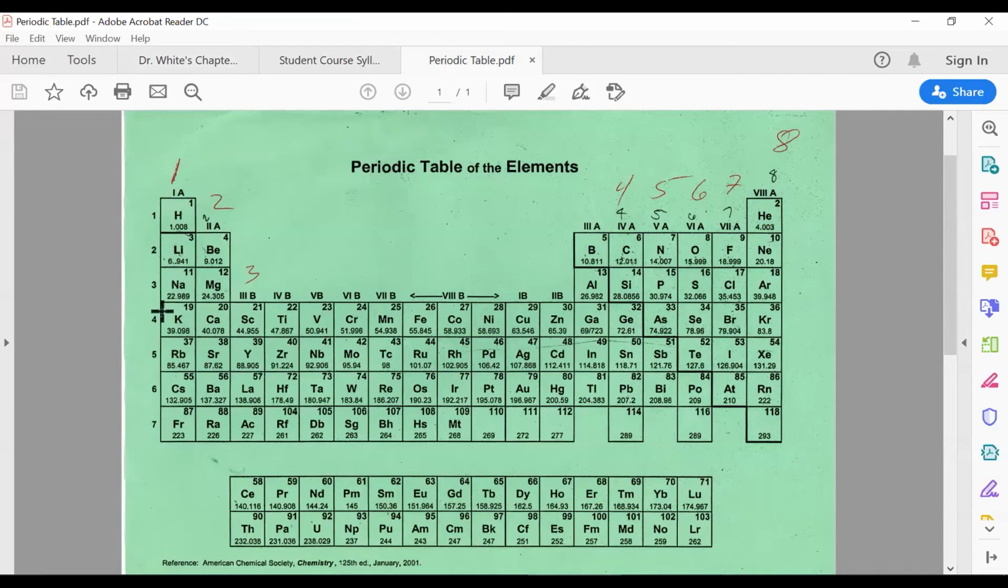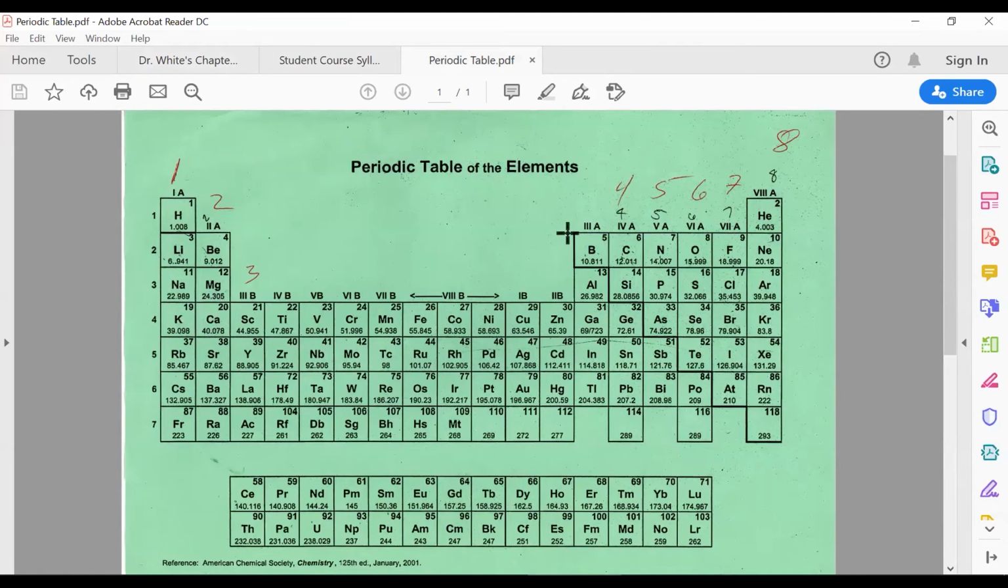An example of an alkali metal: lithium, sodium, or potassium. The second column are the alkaline earth metals, and magnesium and calcium are the two I asked you. You could put down strontium, which I like because it makes fireworks red, but the only two I asked you to learn here were magnesium and calcium.